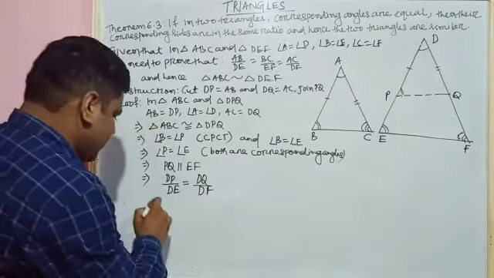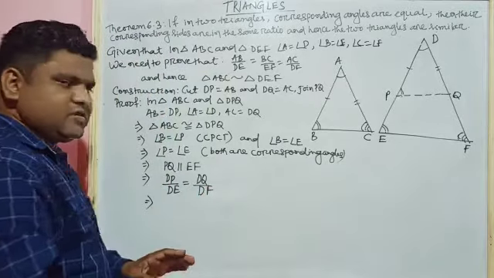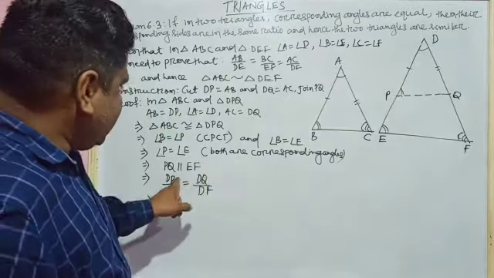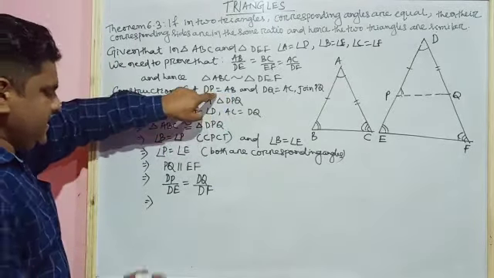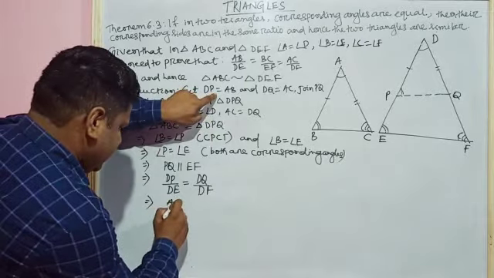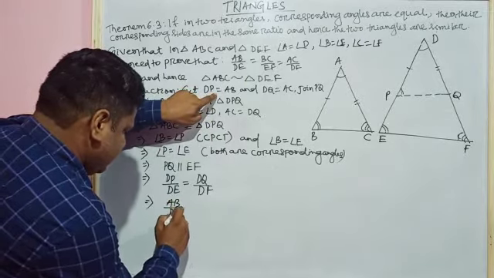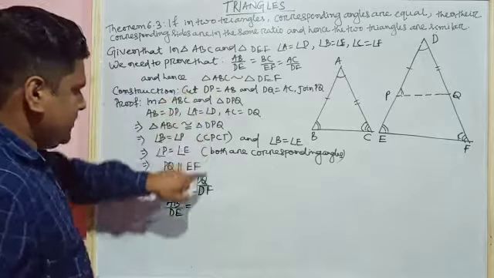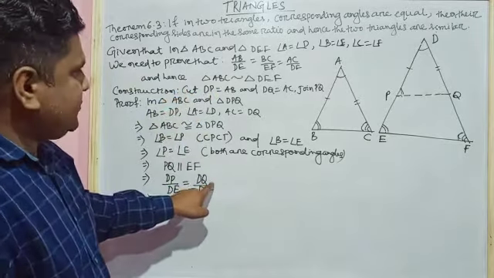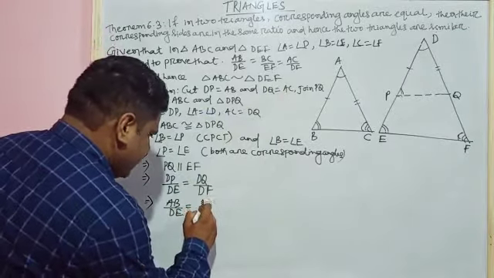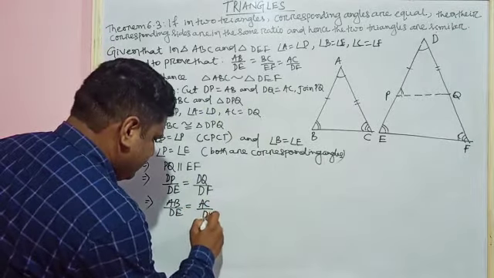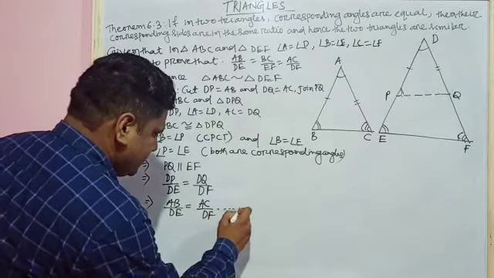Okay, replacing DP by AB, because we have drawn that DP and AB are equal, and we can also replace DQ by AC, we get AB by DE is equal to AC by DF. Let it be equation 1.